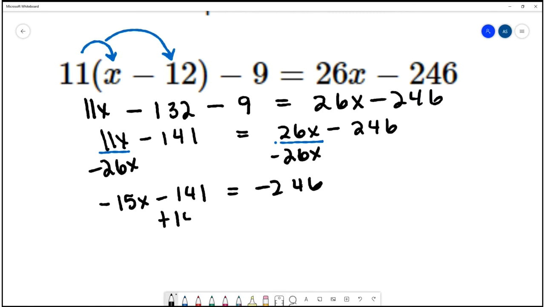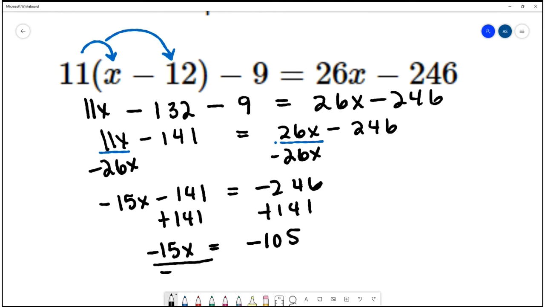I'm going to add 141 on both sides to get negative 15x equals negative 246 plus 141, which is negative 105.